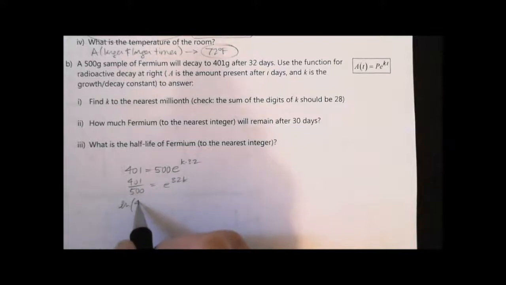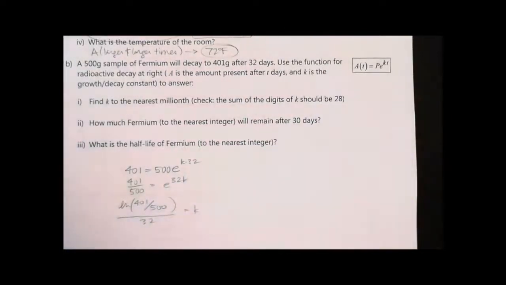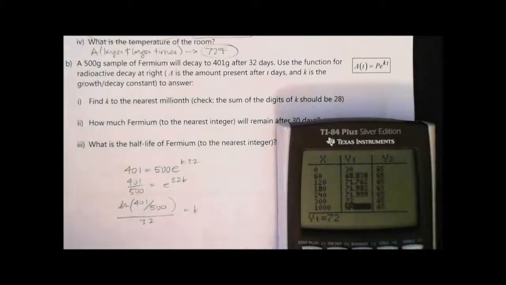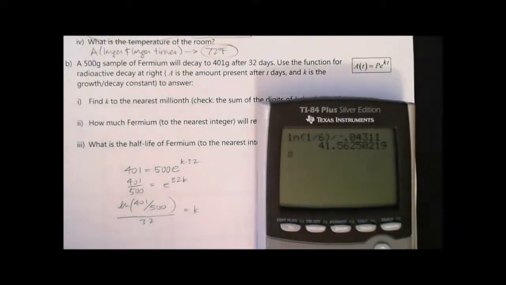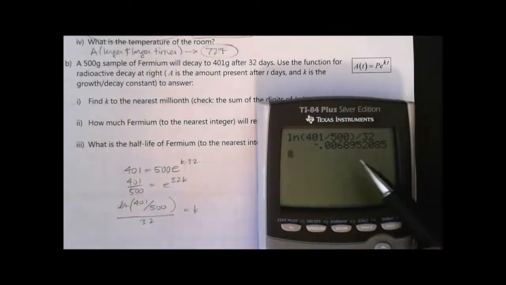So the natural log of 401 over 500, over 32, will be K. I skipped a step there, but let's see what we get. The natural log of 401 divided by 500, divided by 32, is 0.06895, etc. to the nearest millionth. 1, 2, 4, 6.